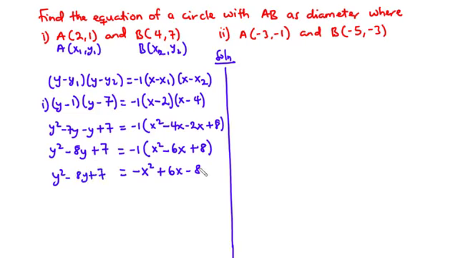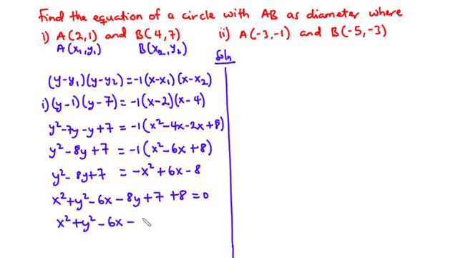Now let's transpose the terms on the right hand side to the left hand side, so that we have x squared plus y squared minus 6x minus 8y plus 7 plus 8 equals 0. So finally we have x squared plus y squared minus 6x minus 8y plus 15. So this is the equation of the circle.